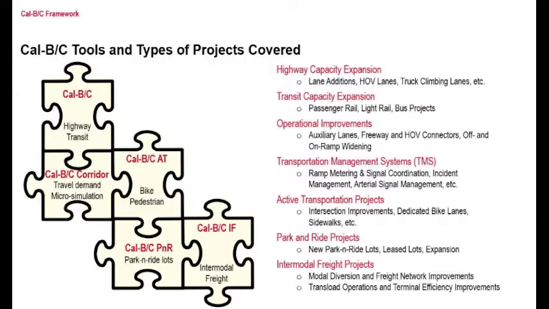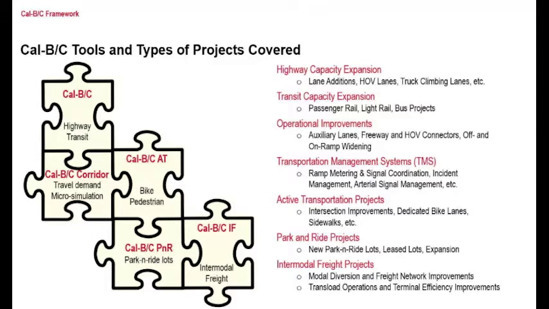Types of projects that can be analyzed with this model include highway capacity expansion, like lane additions and HOV lanes, as well as transit capacity expansion, and operational improvements and TMS like ramp metering and auxiliary lanes, off-ramps and on-ramps.